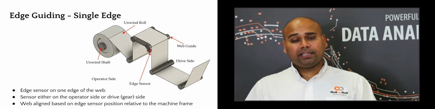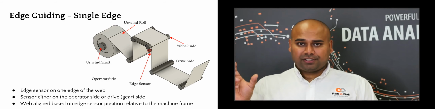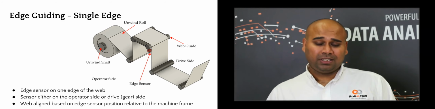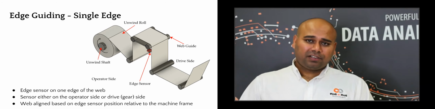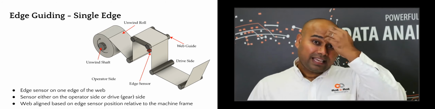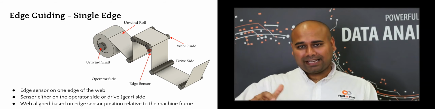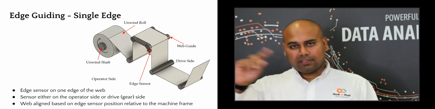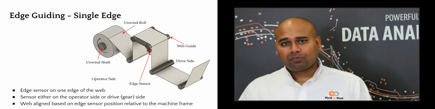This is typically done with a single sensor, and the sensor measures the position of the web and sends that information to a control system. Based on the measurement and the reference, an error is computed, and then the control system sends the command to the actuator, and the web guide mechanism moves the web. This is a closed loop control system that keeps going on.